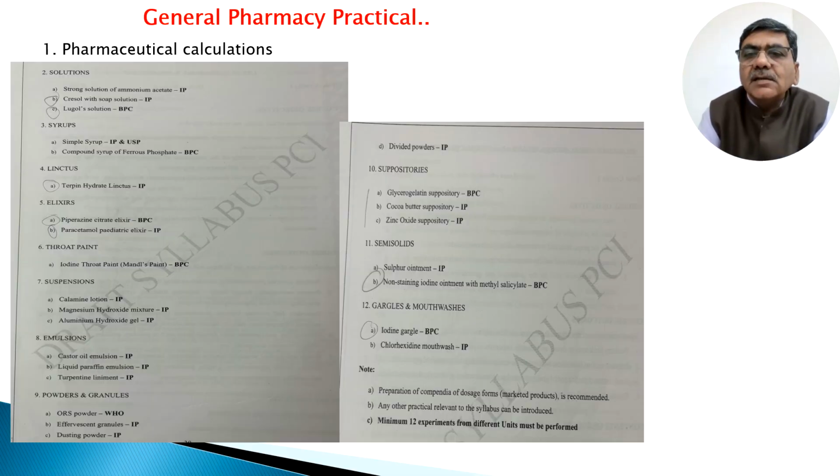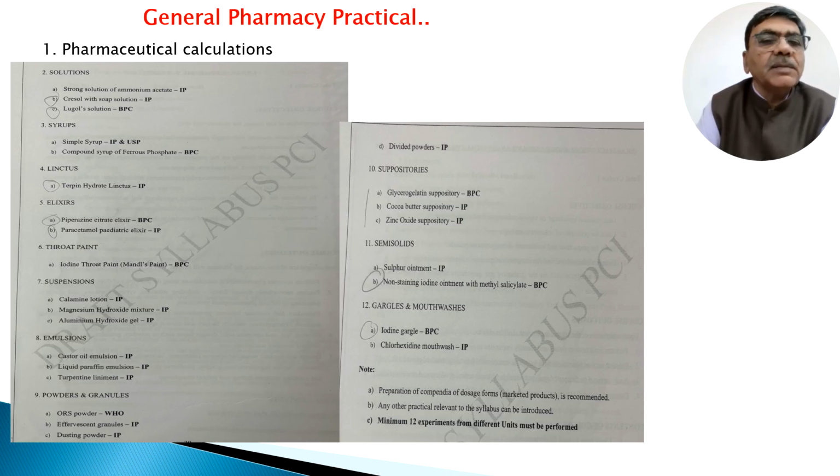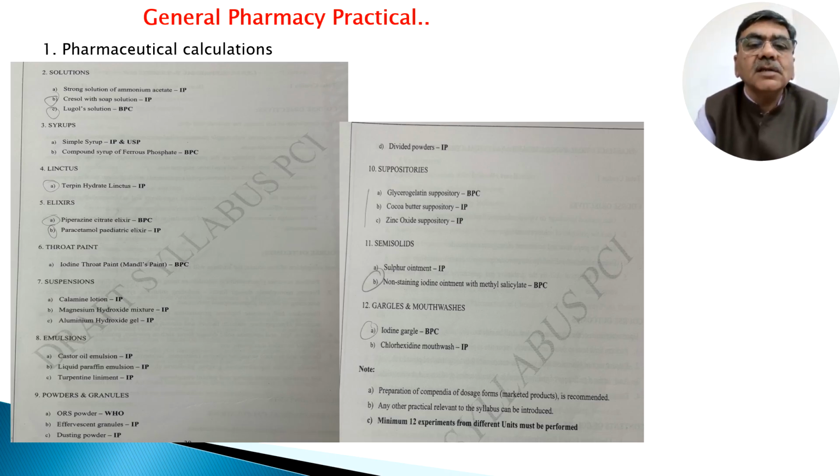So the general pharmacy practical syllabus, what is in the proposed syllabus, mentions pharmaceutical calculations as the first chapter and a list of different dosage forms for compounding purposes. It includes solutions like strong solution of ammonium acetate, cresol soap solution, Lugol solution, syrups, linctuses like terpene hydrate linctus, elixirs like paracetamol pediatric elixir, throat paint, suspensions, emulsions, powders, granules, suppositories, then semi-solids like non-staining iodine ointment with methyl salicylate, and gargles like iodine gargle.